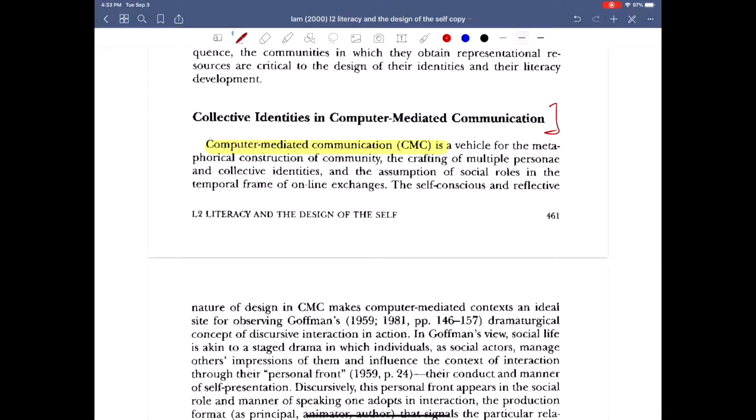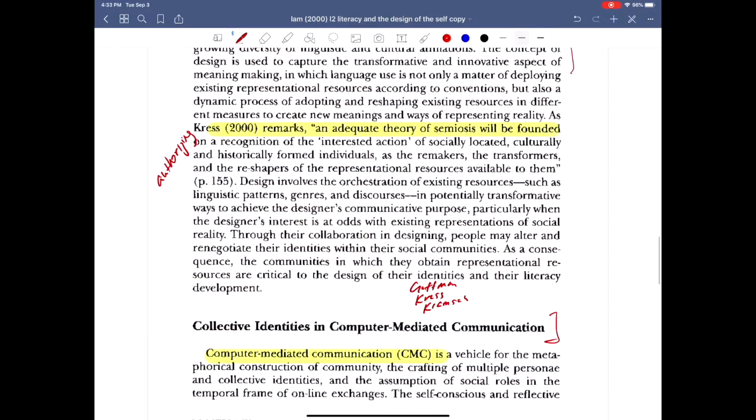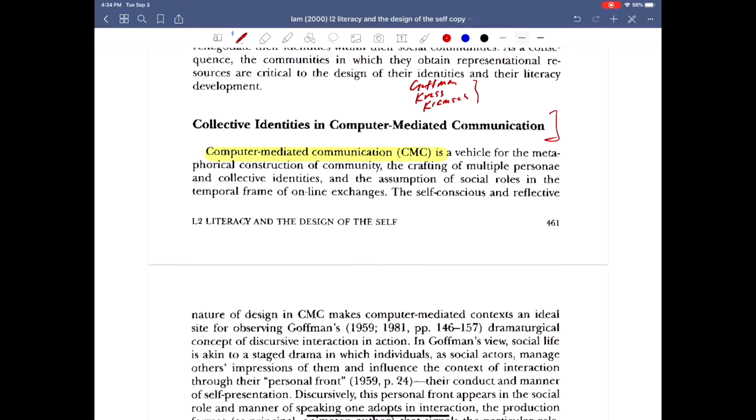But she's drawing on, so far we've looked at Goffman, we've looked at Kress, and we've looked at Kramsch, and she's covered these things. So now she's going to talk about computer mediated communication, which, even if you don't know anything about second language acquisition, you'll know is a completely different field.